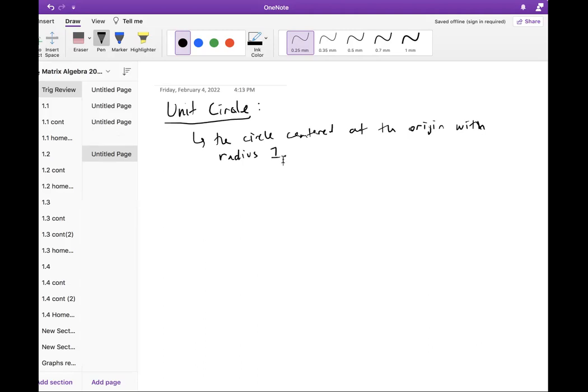So why do we care about that? Well, the origin is nice to work with because it's 0, 0. Radius 1 is nice to work with because it's 1, and 1 is an easy number to work with.